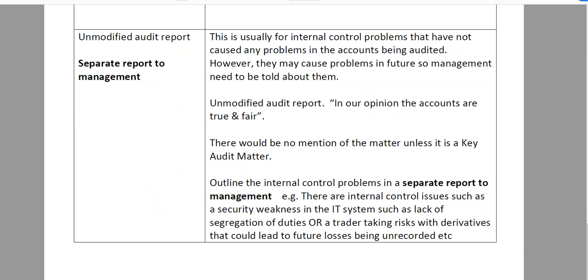And that's it. So you need to have a good idea, because they do come up in questions, and the marks are going for, like I've shown in the answers. So you need to know the different options for the unmodified audit report.